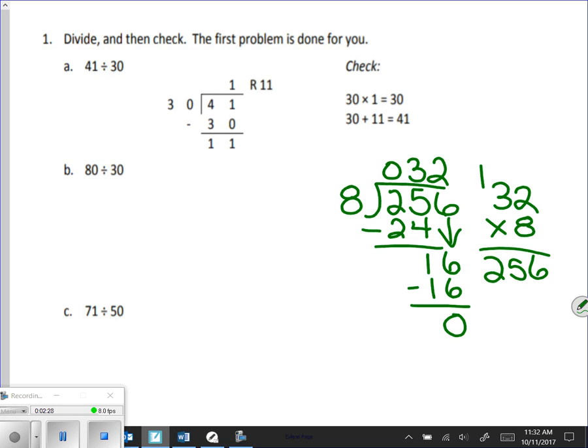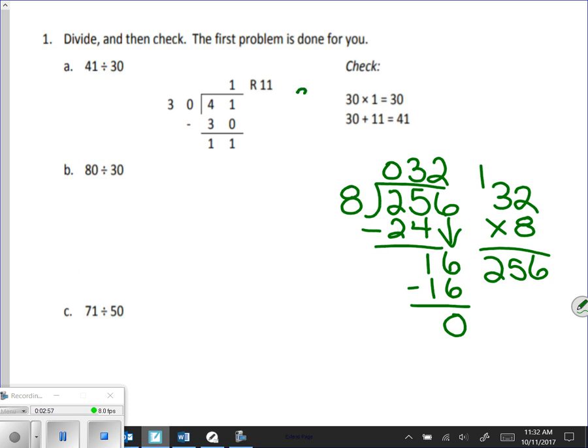I don't know my 30s, but I do know 3. 30 going into 41. Well, I may not know that, but I can think of it as how many times can 3 go into 4? One time. So then 30 can go into 40 one time.